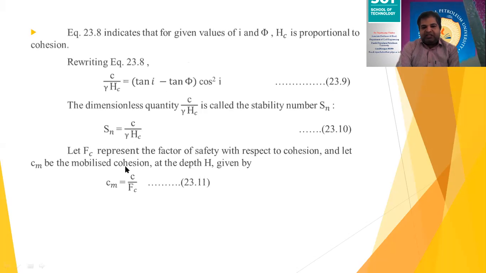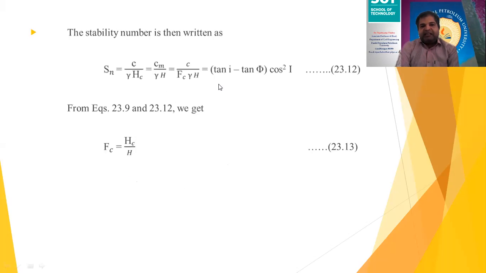Using this equation, it is equal to tan i minus tan phi into cos square i. If you plot this equation in terms of the critical height of the slope, then Fc, the factor of safety with respect to cohesion, is nothing but the critical height of the slope upon the total height of the slope.